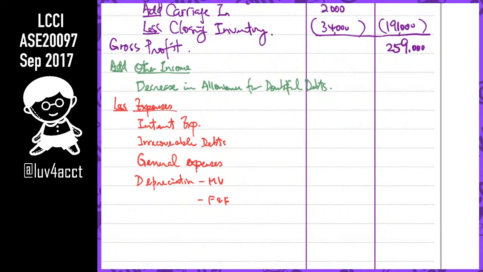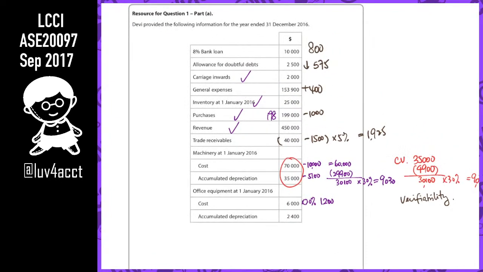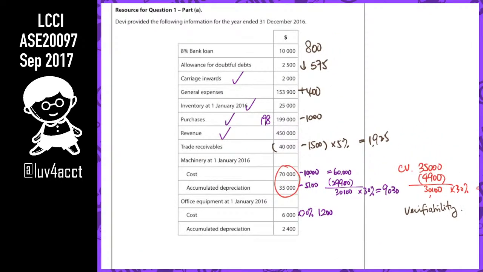Interest expense 800. So the decrease in allowance for doubtful debt will give you 575. And then what else? This revenue. General expenses, add 400.